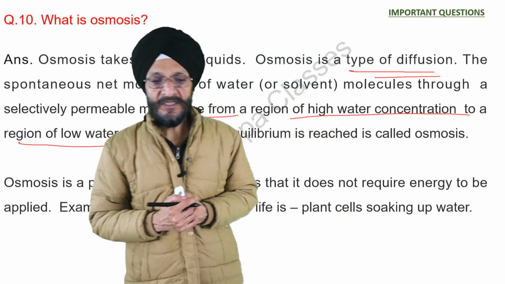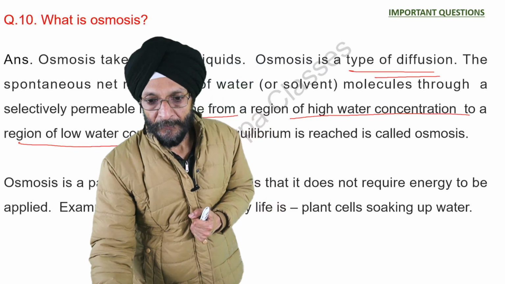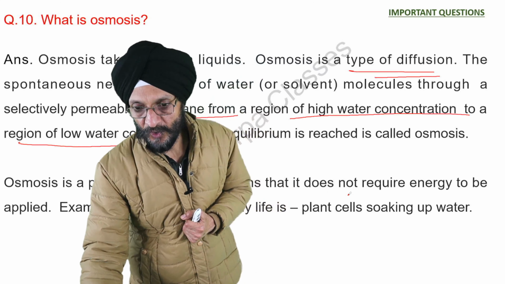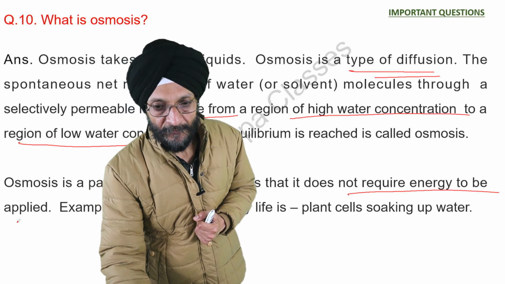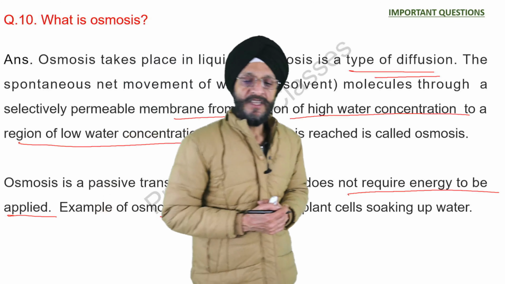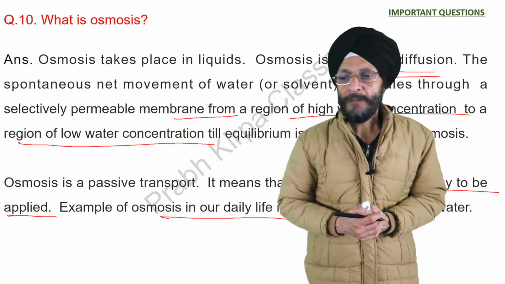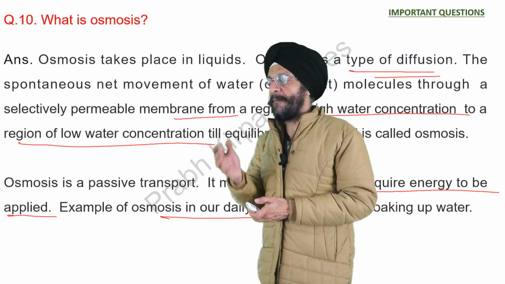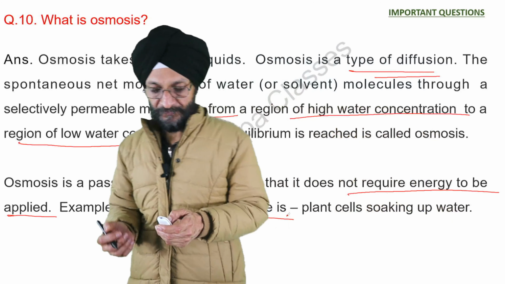Osmosis is a passive transport because it does not require energy to be applied. Example of osmosis in our daily life is plant cells soaking up water through roots.